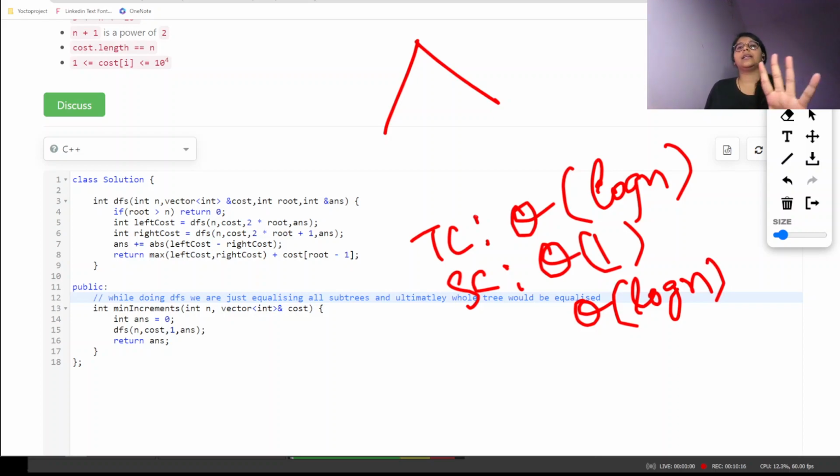But it is already a perfect tree, so there won't be a case where, if it was not a perfect tree, there could be skew trees and it could have gone to order of n. Here that is not the case, so that's why the time complexity is log n.